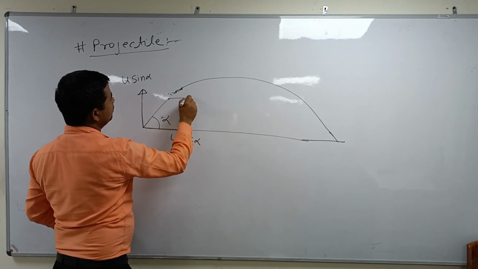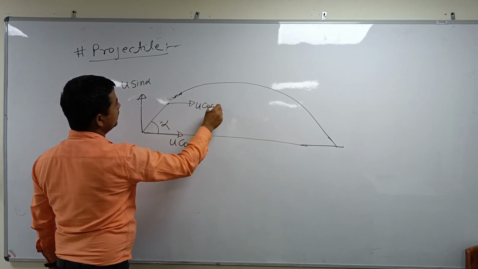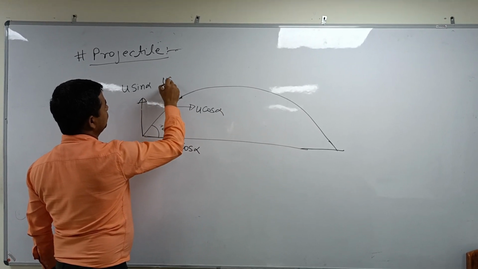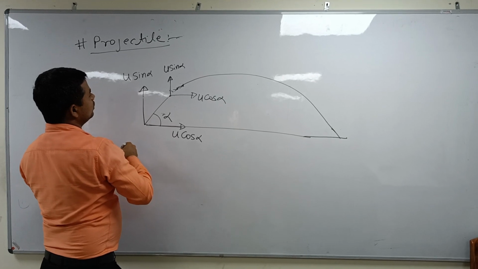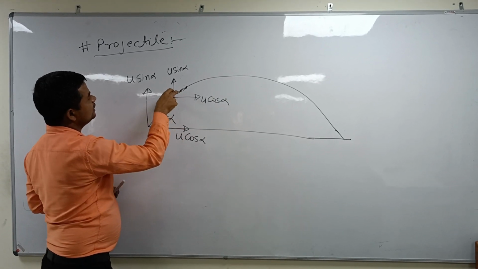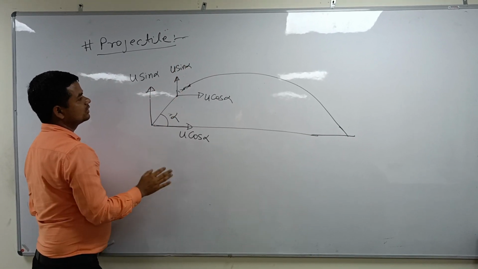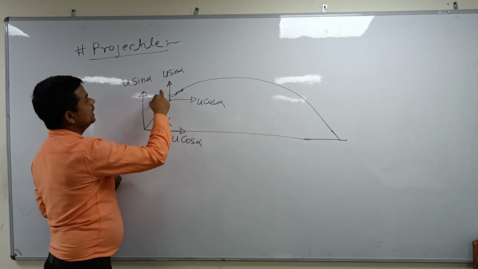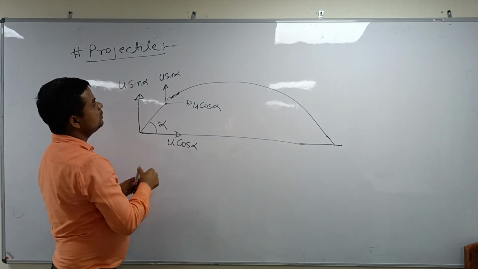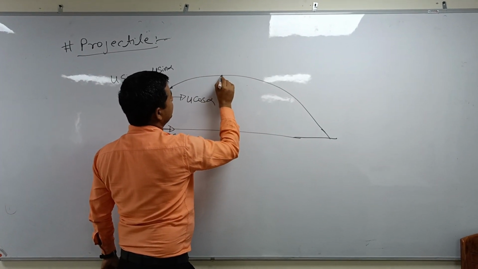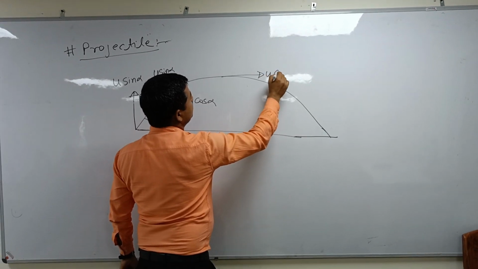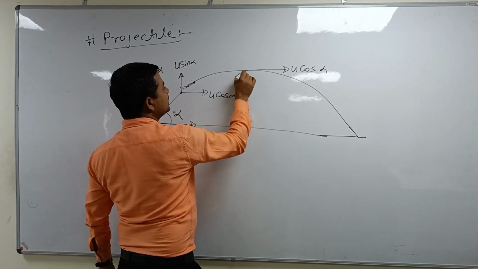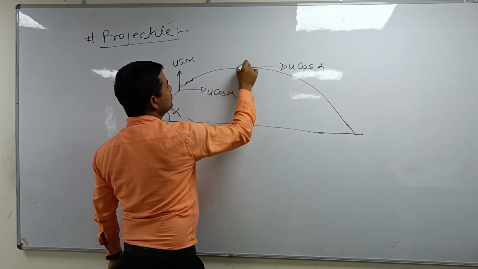Suppose we take this point. Here u cos alpha is always constant, and at this point there is u sin alpha. Here the angle decreases, so u sin alpha decreases continuously, while u cos alpha stays constant. At maximum height, the horizontal component is still u cos alpha, but the vertical component becomes 0.